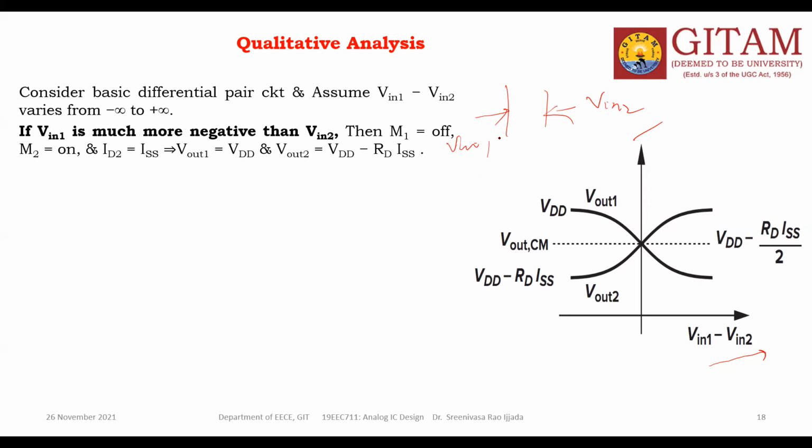Suppose this is more negative than this fellow. Then what happens? Of course, it's more negative than this fellow means this device will be off. You know about the NFET, it will operate for positive gate voltage.